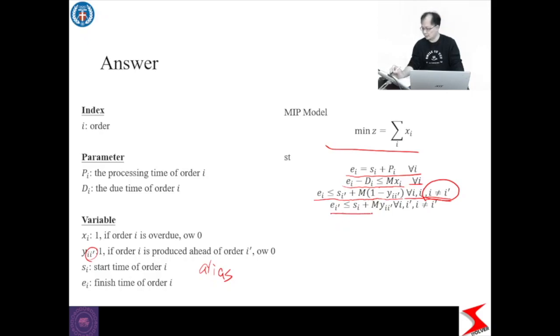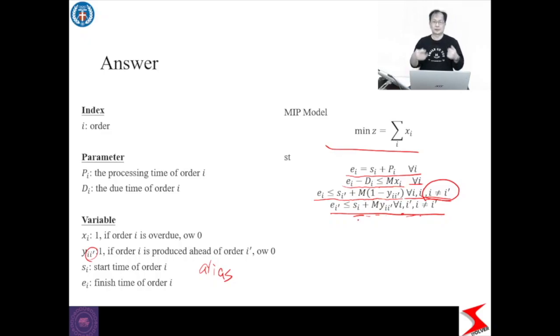And the other one is ei prime less or equal to si plus m yii prime for every I, I prime, I is not equal to I prime.